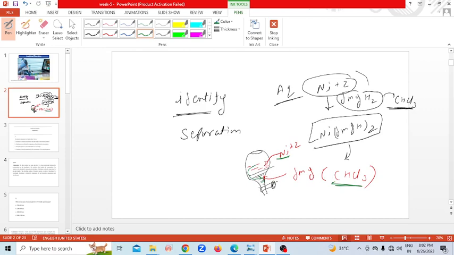Then you can separate it by opening this knob, and you get the Ni with dimethylglyoxime complex. So identification and separation, both can be done by this method.